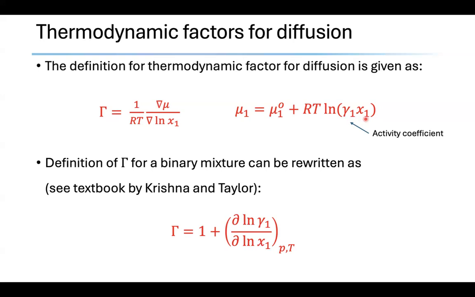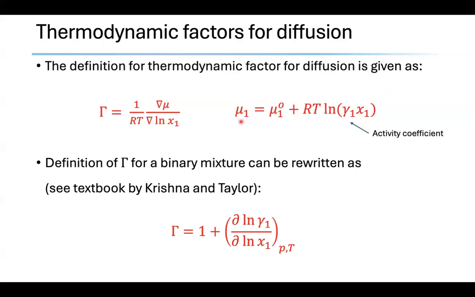Now, when x1 tends to 1, which means that the mixture is completely of type 1 molecules, then the product gamma 1 x1 tends towards 1, which essentially leaves this term to drop out of this expression, which then gives you that the chemical potential 1 equals the pure component chemical potential.